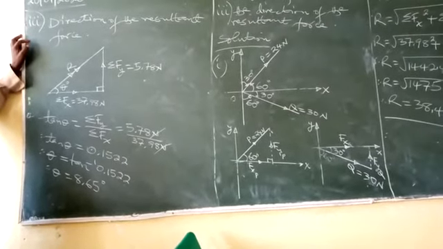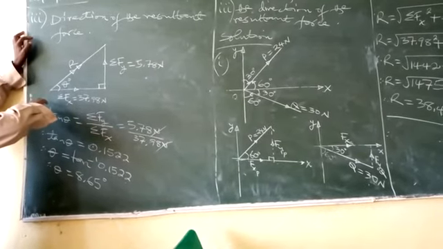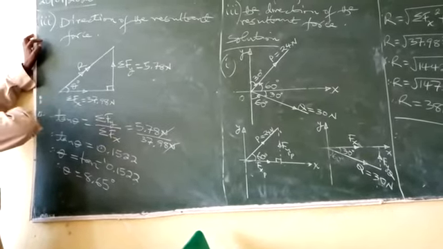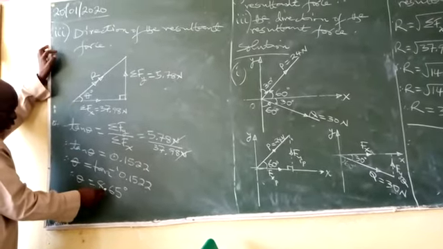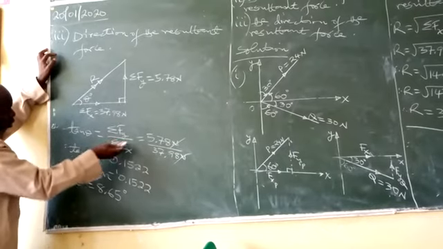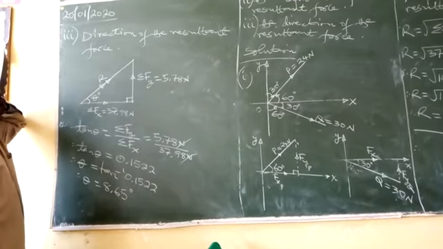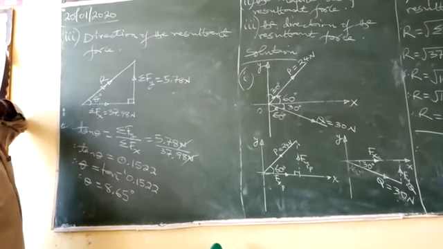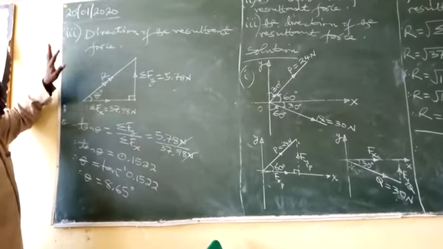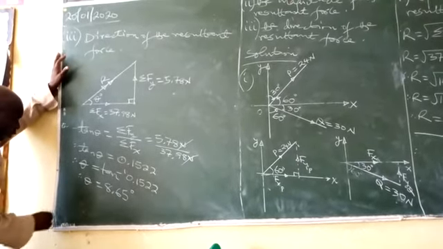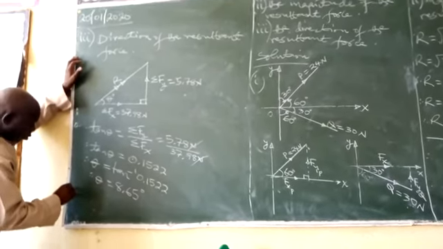We can say that the direction of the resultant force is such that it makes an angle of 8.65 degrees with the horizontal. But we can also describe it as northeast.